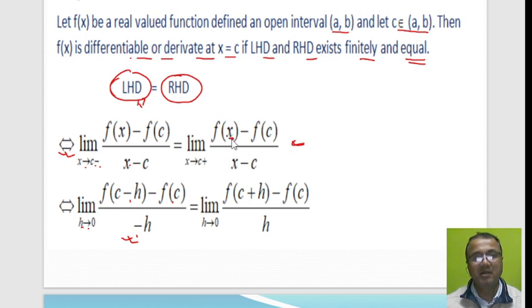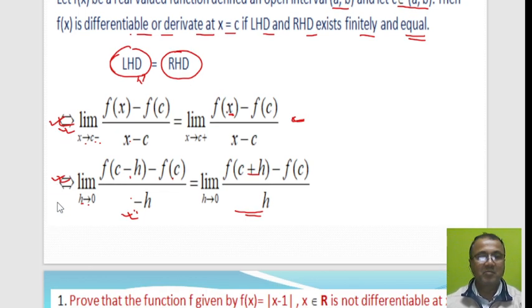By replacing x equal to c plus h, it will be f of c plus h minus f of c divided by h, with h tending to 0. This is known as the right hand derivative. If both exist and are equal, then you can say that the function is differentiable at that particular point. We can do it this way also, and by using this one also you can find the derivative, okay.